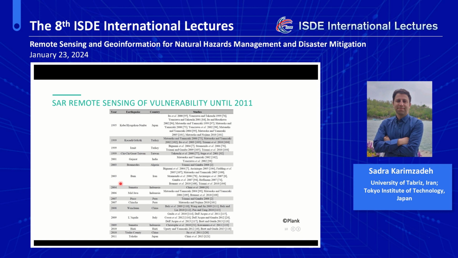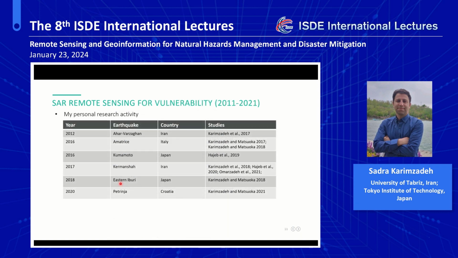But after that, I also started getting involved in such damage mapping projects. This is my personal activity. My first event was the Ahar-Varzaghan earthquake in Iran in the year 2012, and the results were published in the IGARSS conference in Fort Worth.